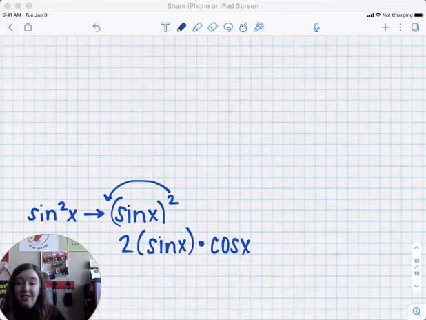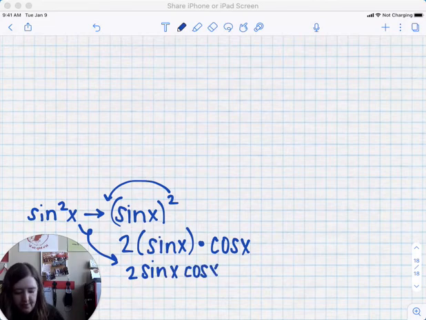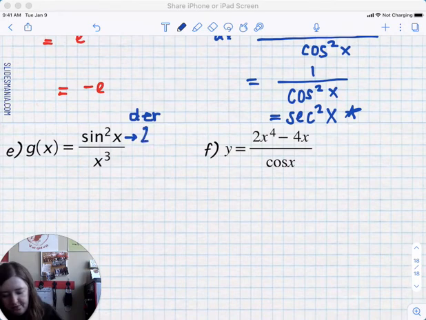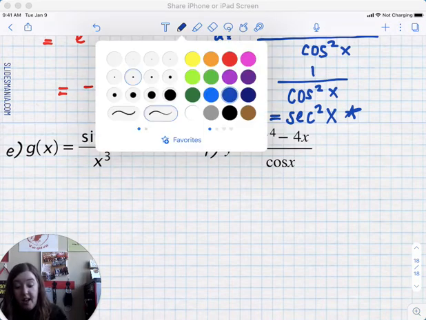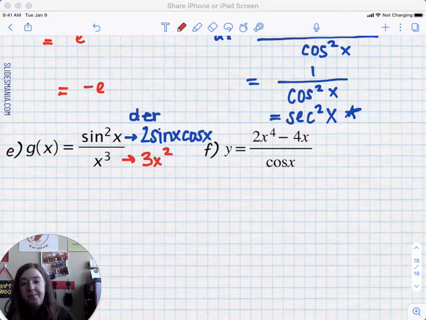So sine squared x, his derivative, is going to be 2 sine cosine. And then for x cubed, his derivative is 3x squared.